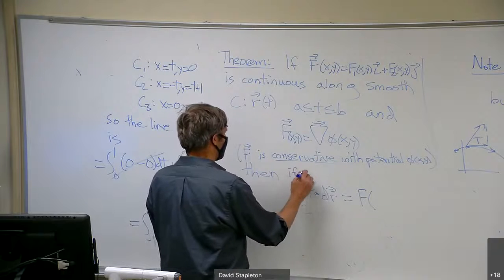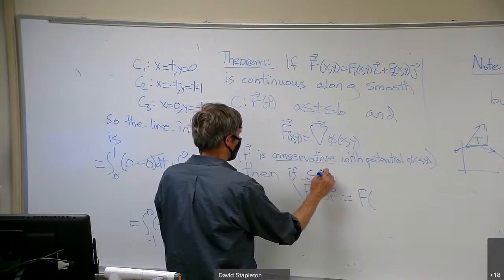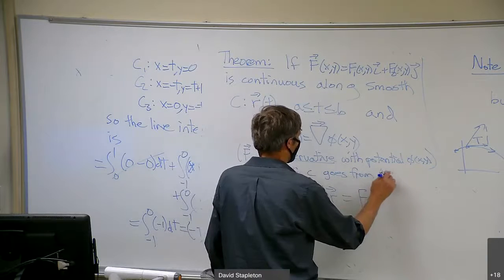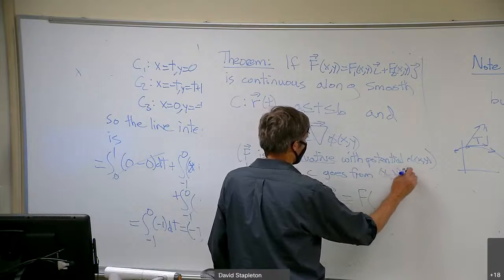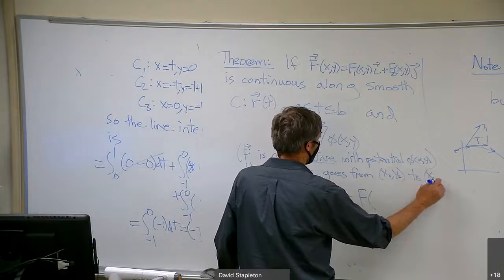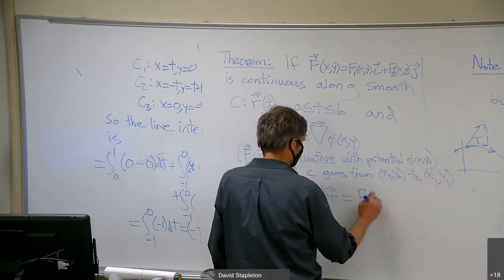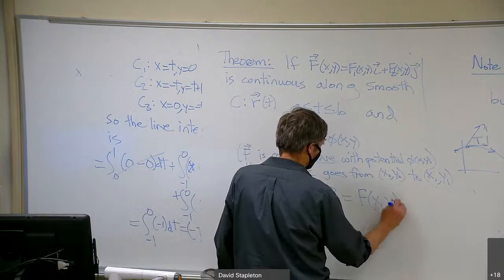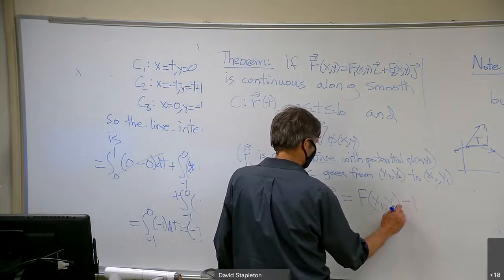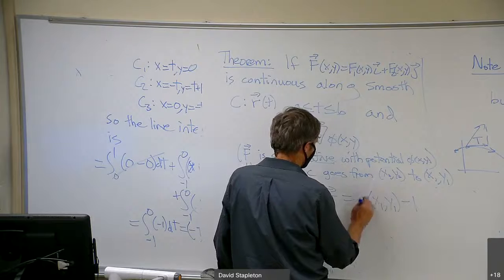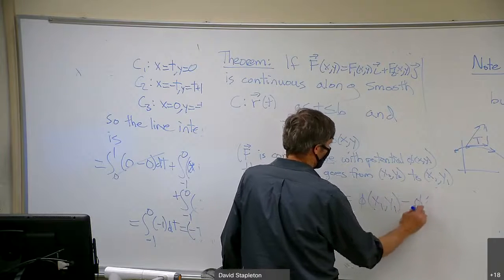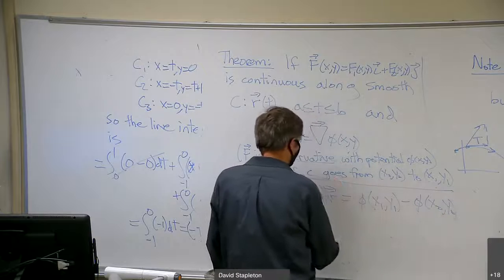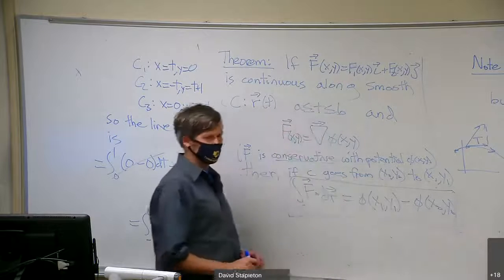If C goes from a point x naught, y naught, its initial point, to another point x1, y1, you just take phi at x1, y1, the final point, minus phi at the initial point x naught, y naught. That looks familiar, I hope.